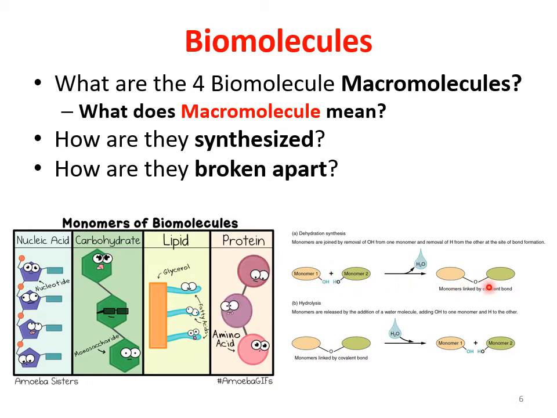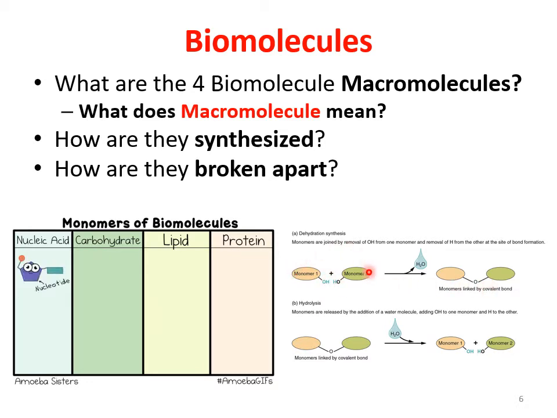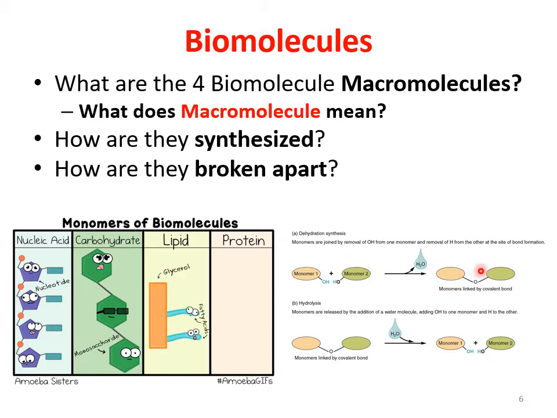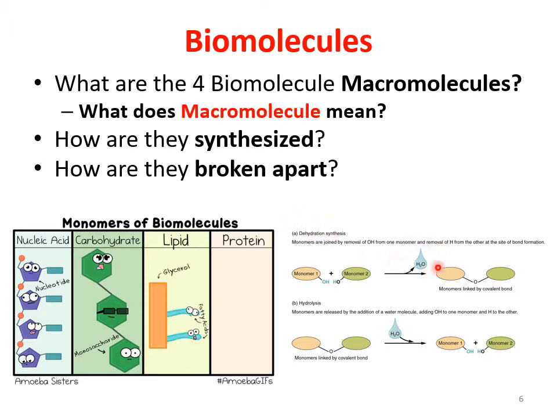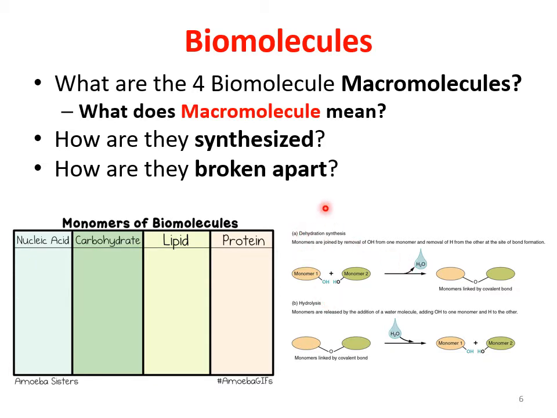So each monomer is stuck together and you end up having a big polymer. Okay? Polymer meaning many subunits. So that's dehydration synthesis, removing a water molecule to synthesize the macromolecules, okay? So make sure you remember it both as dehydration synthesis and also removal of water, because I could ask it either way. Whereas the opposite of that, breaking apart a molecule, is done by hydrolysis, so adding water.